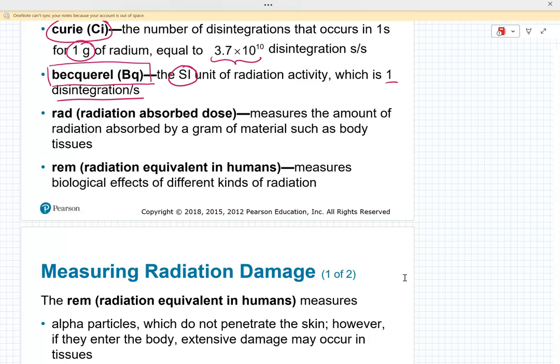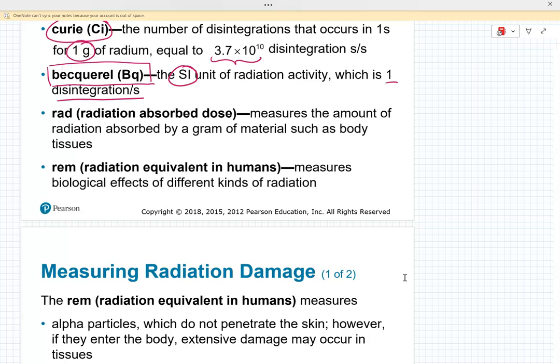Okay? Now, those units determine how many disintegrations happen every second, right? But think of it this way. My mug is a source of radiation, hypothetically, right? Who will be more in danger by being exposed to that radiation? Me or you all?